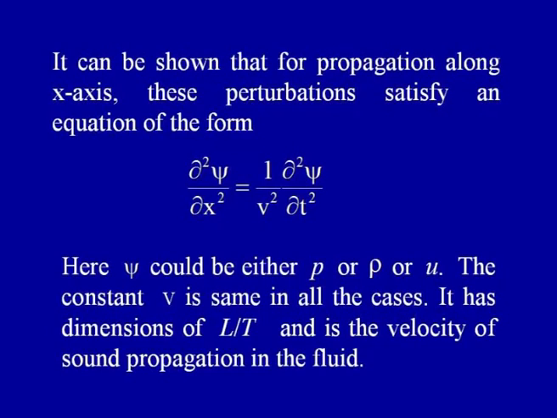As I said, psi could be either pressure or density or particle speed. The constant v is same in all these cases. It has the dimensions of L by t, distance upon time, and is the velocity of sound propagation in the fluid.